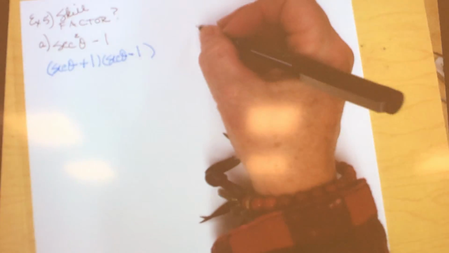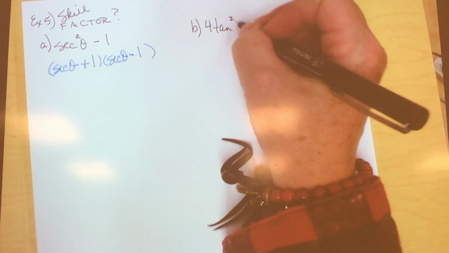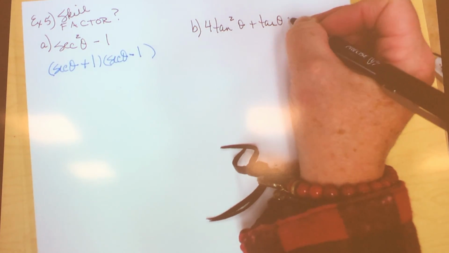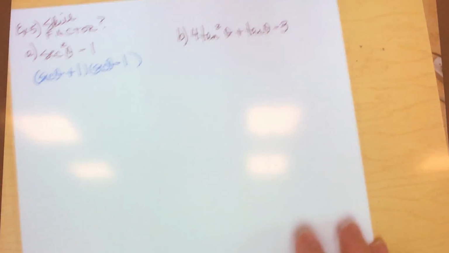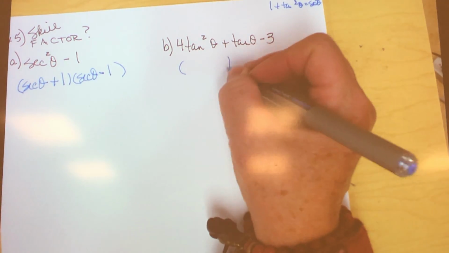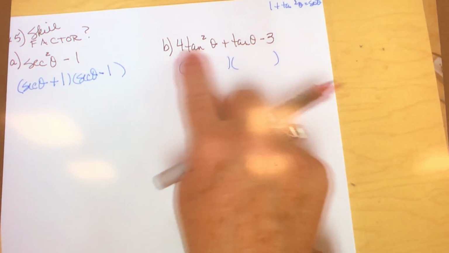Okay, here's another one. Are you ready? 4 tan squared theta plus tan theta minus 3. They want me to factor it. Now look, you did this last year.